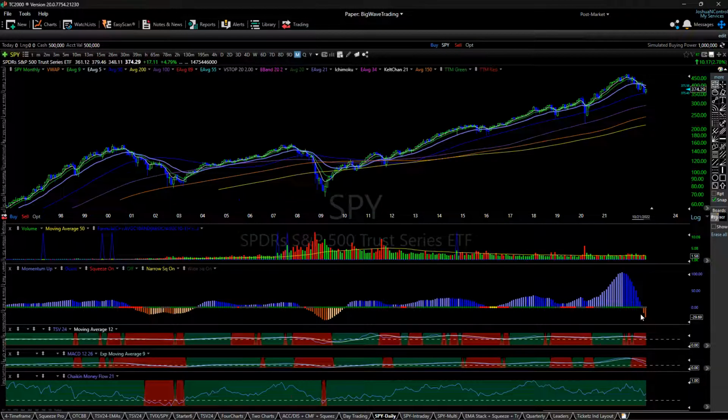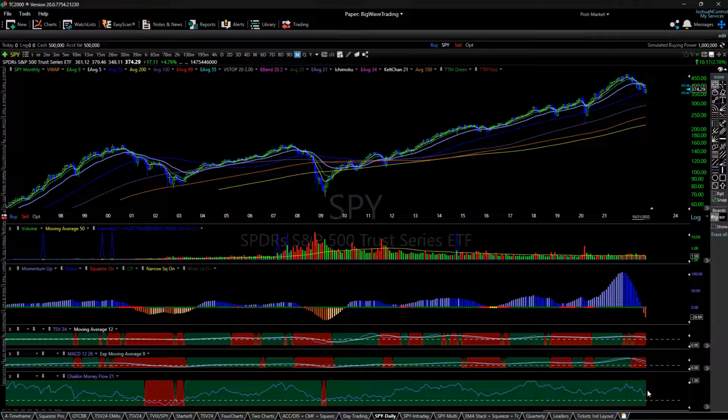So in the monthly time frame, we do have some things to worry about. We've gone red on the TSV and red on the MACD. But as you can see, sticking with that cyclical versus secular concept, we went red in the Chaikin money flow back here. We went red for a very short period of time near the end, telling you that it's secular. We still haven't gone there yet.